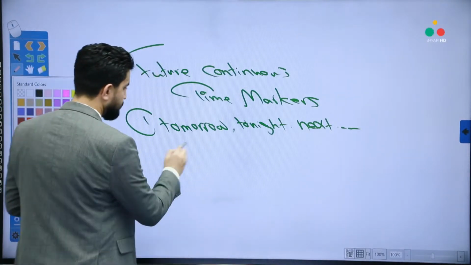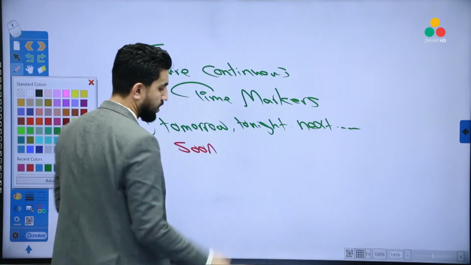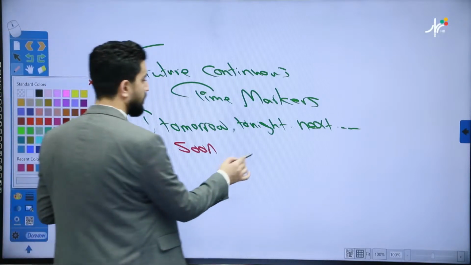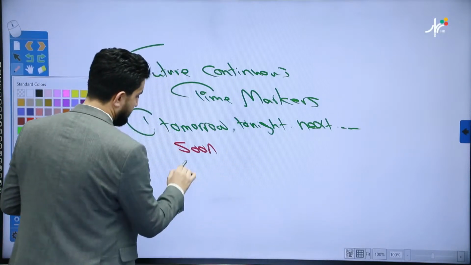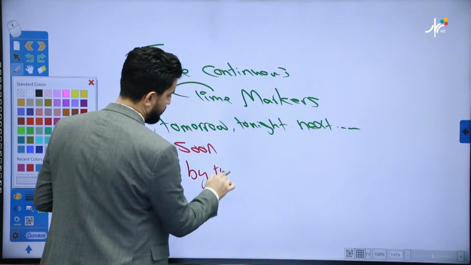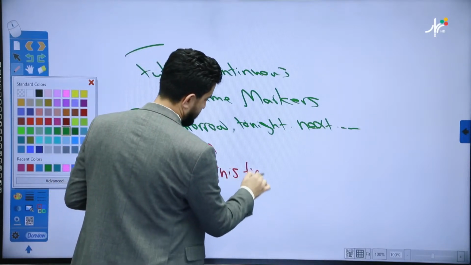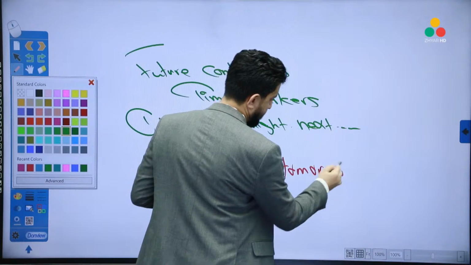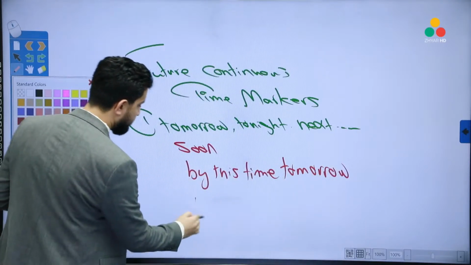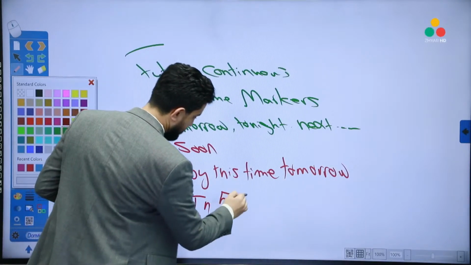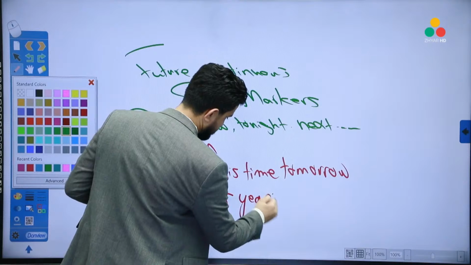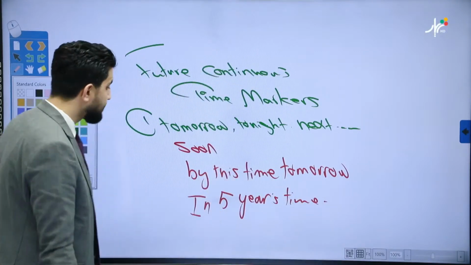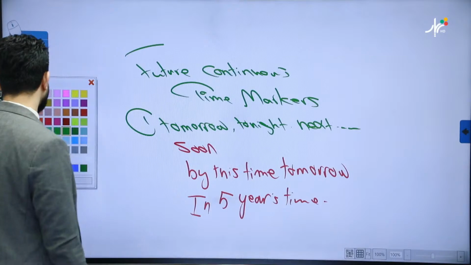We can say soon. Soon, when you use soon, that means it's present perfect continuous. We can say by this time tomorrow. You can say in 5 years' time. Okay, we can say it like this, in 5 years' time.